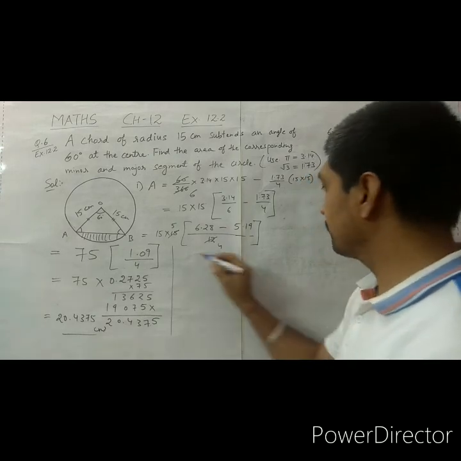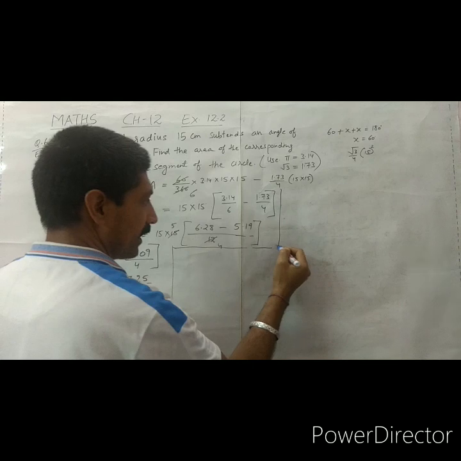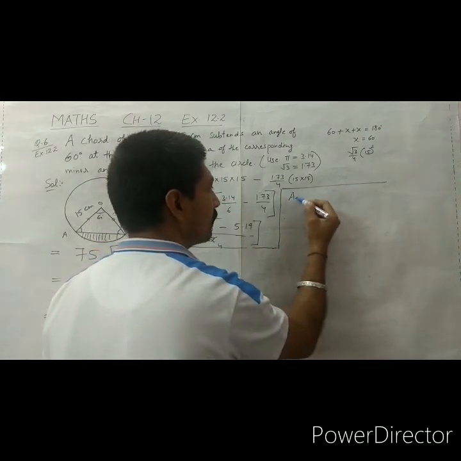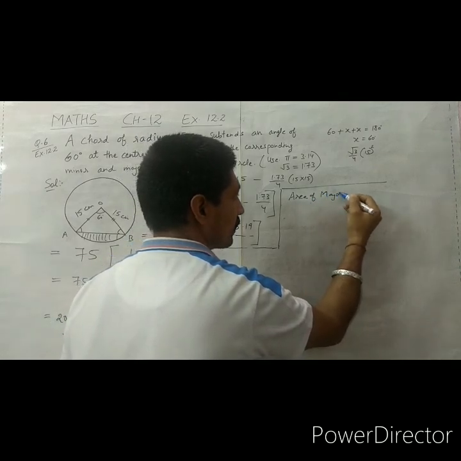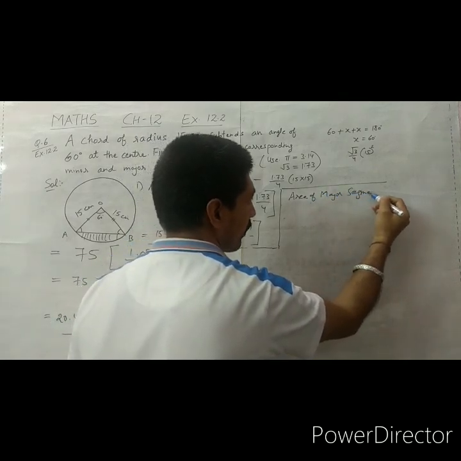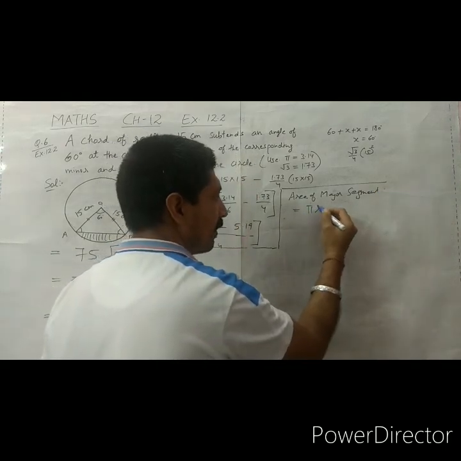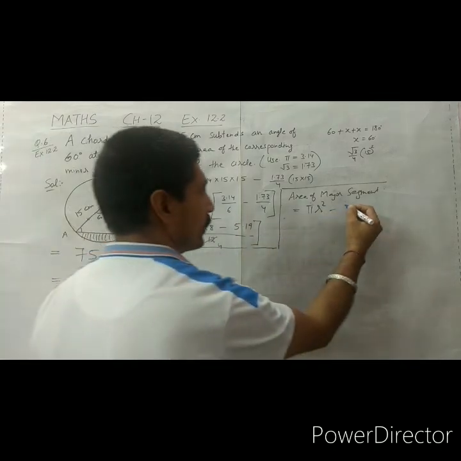So the second part, area of the major segment is equal to the area of the circle minus the area of the minor segment, that is 20.4375.